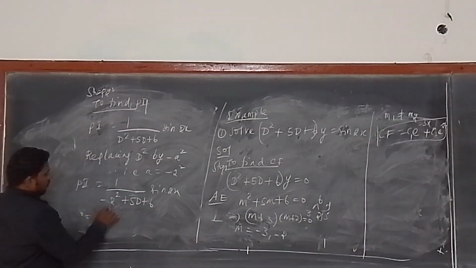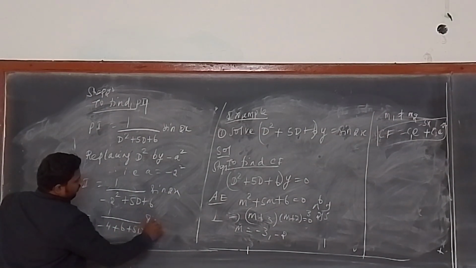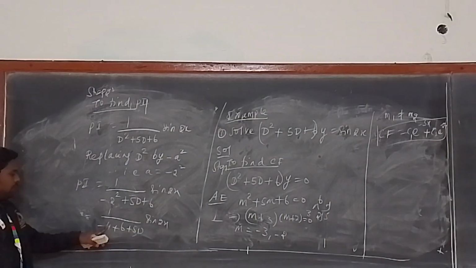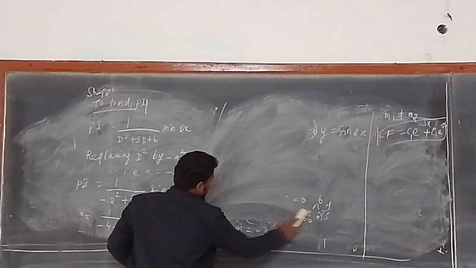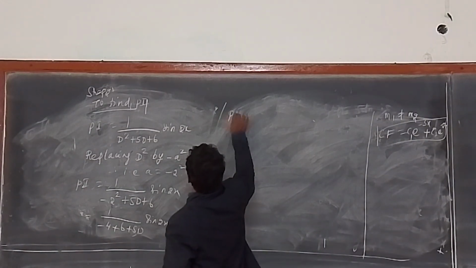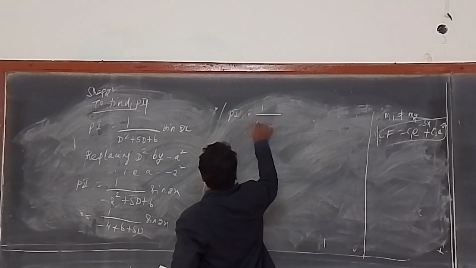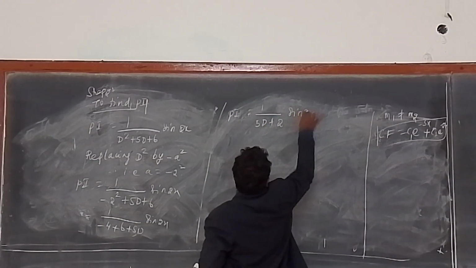That means 1 divided by minus 4 plus 6 plus 5D into sin 2x. Simplifying, it is 1 divided by 5D plus 2 into sin 2x.